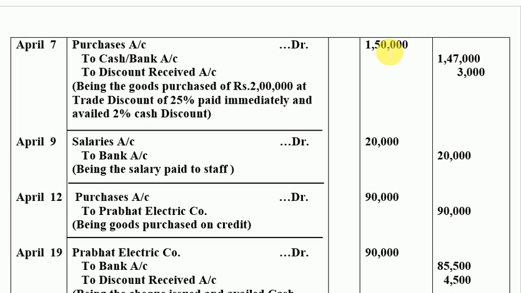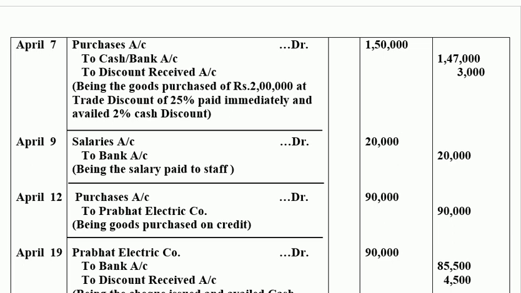On behalf of that, he is getting a discount of 2% on 1,50,000, that is 3,000. And after deducting this 3,000, the actual amount he is paying is 1,47,000. I hope this is clear to you all.